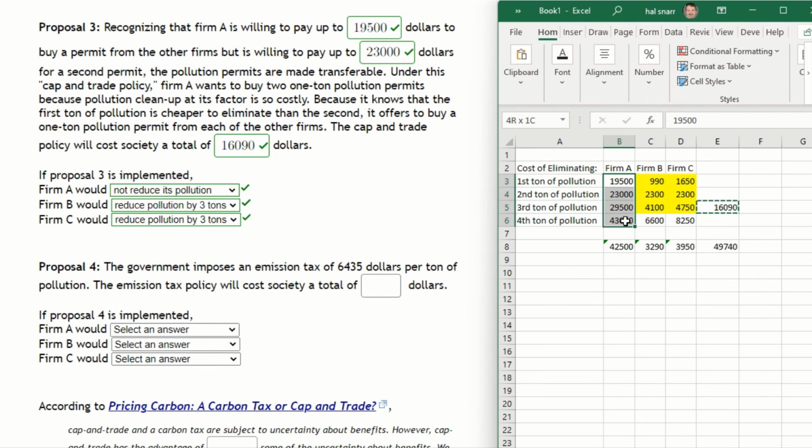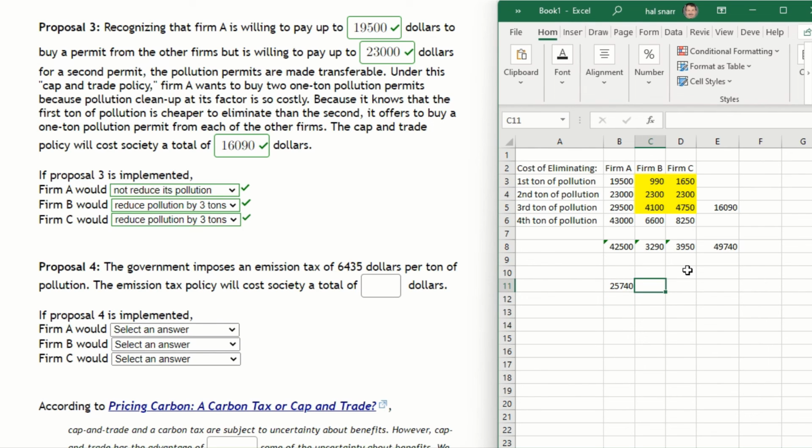Now firm A just pays the tax here, here, here, and here. That's cheaper than reducing pollution by 4 tons. So firm A's total tax is 4 times this tax rate.